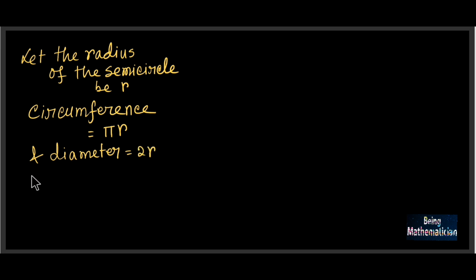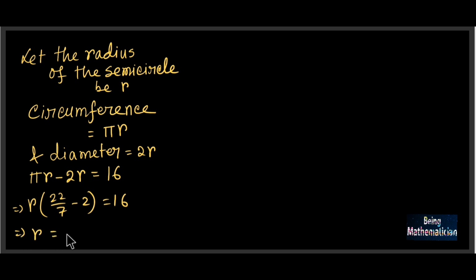So given in the question, that is pi r minus 2r is 16. So take r as common factor, and now 22/7 minus 2 equal to 16. Therefore r equal to 16 into 7 by 22 minus 14.